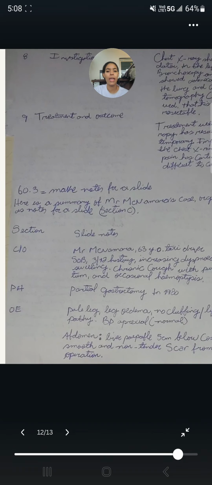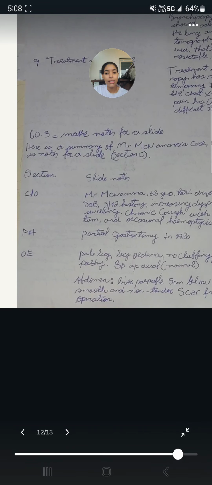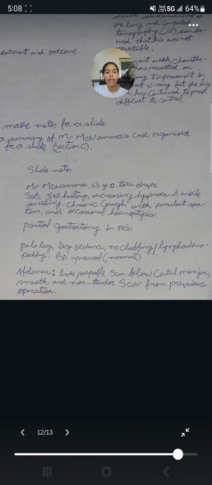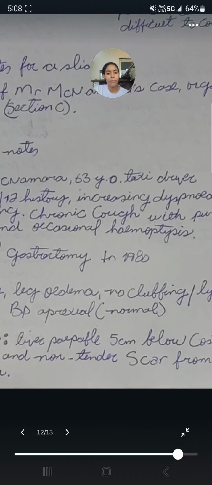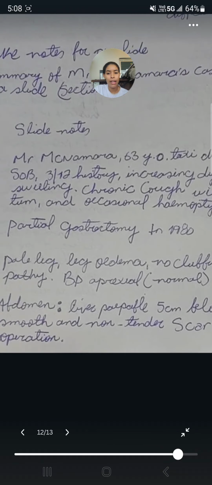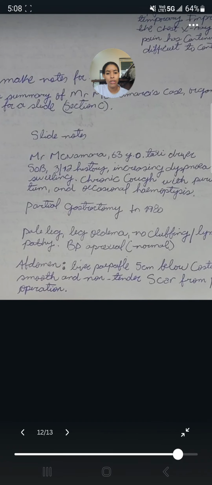Exercise 60.3: make notes for a slide. So here is a summary of Mr. Marcy's case organized as notes for a slide. We have the section and the slide notes. In the C/O we have Mr. Nemata, 63 years old, taxi driver, SOB 3/12, history of increasing dyspnea and ankle swelling, chronic cough with purulent sputum and occasional hemoptysis.